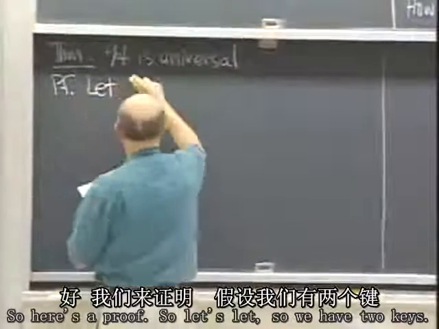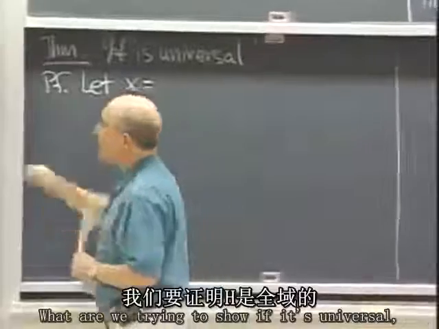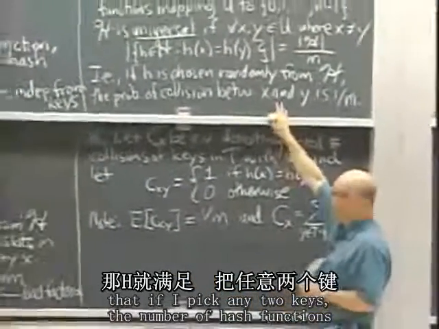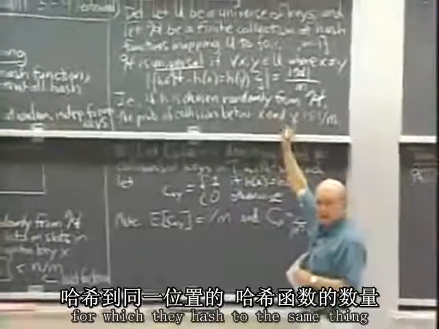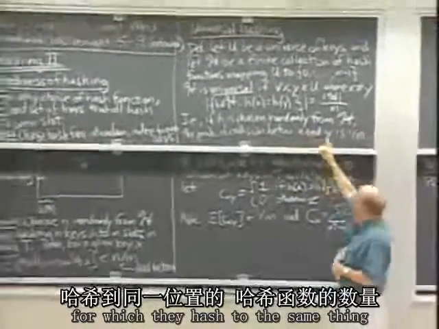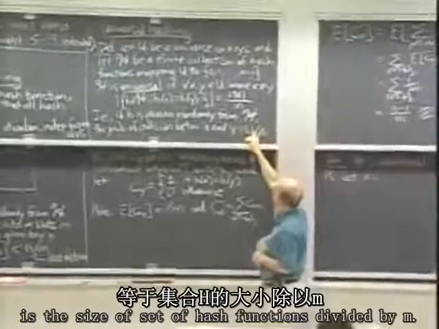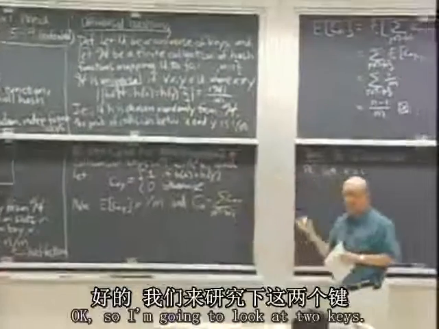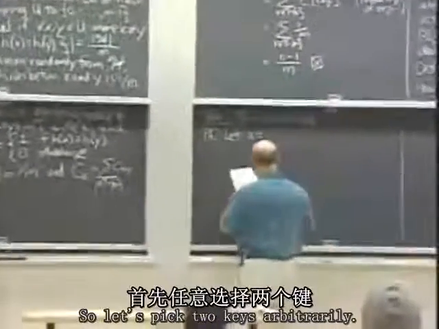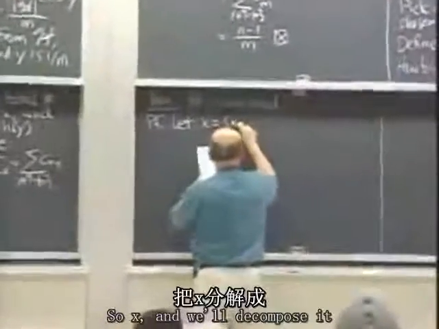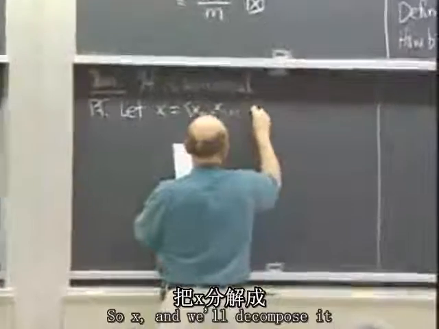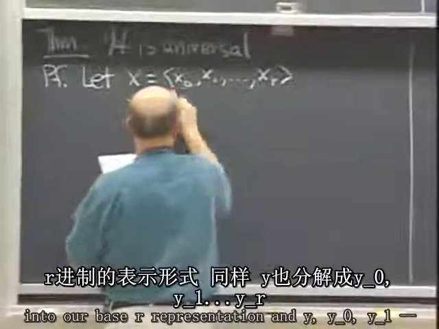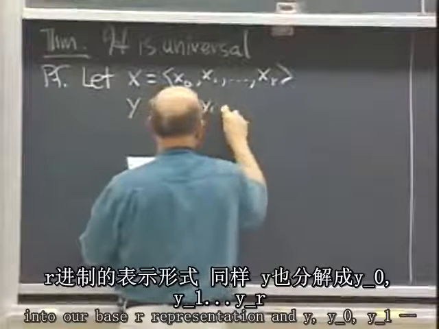So we have two keys. What are we trying to show if it's universal? That if I pick any two keys, the number of hash functions for which they hash to the same thing is the size of the set of hash functions divided by m. So let's pick two keys arbitrarily: x, which we'll decompose into our base m representation, and y, y0, y1.